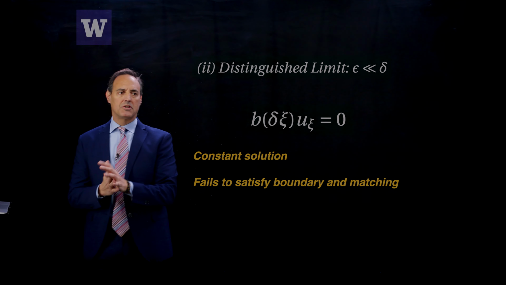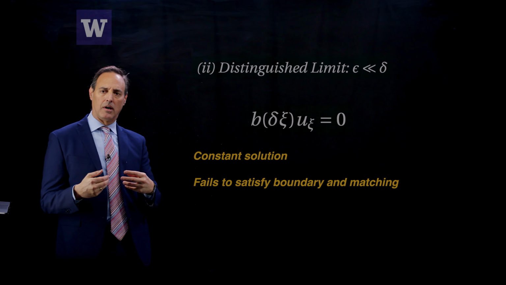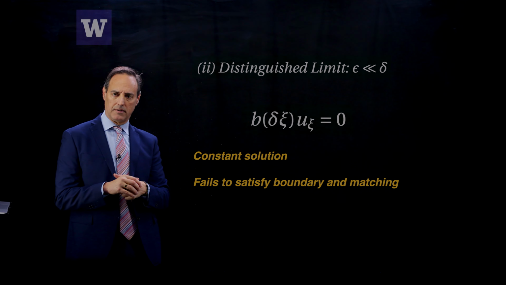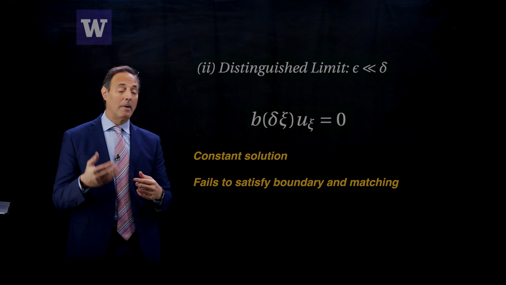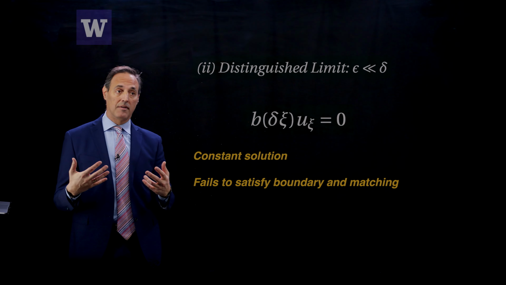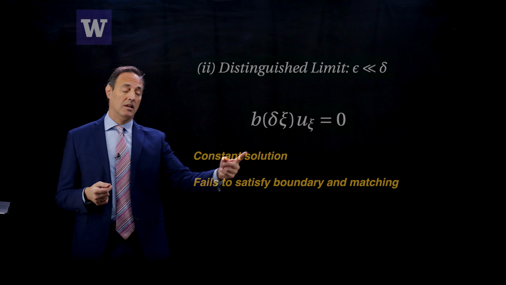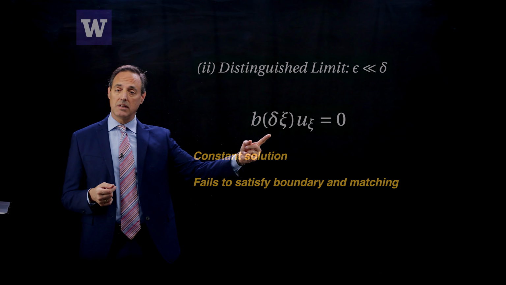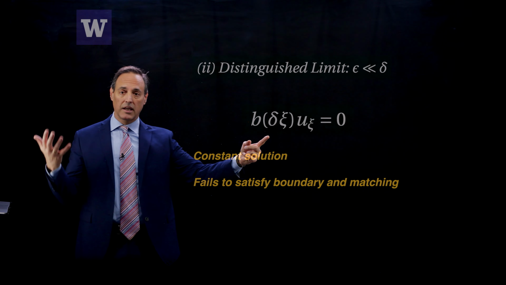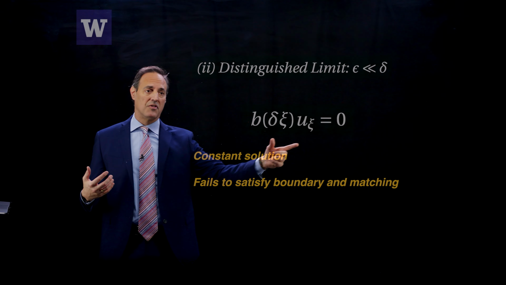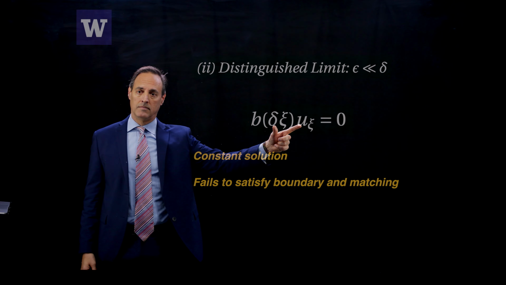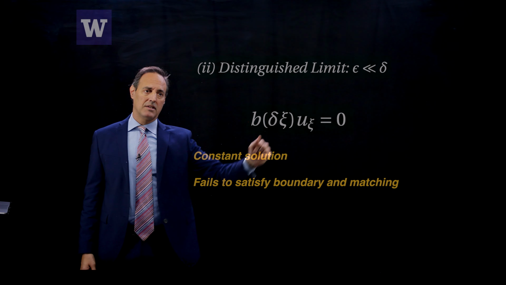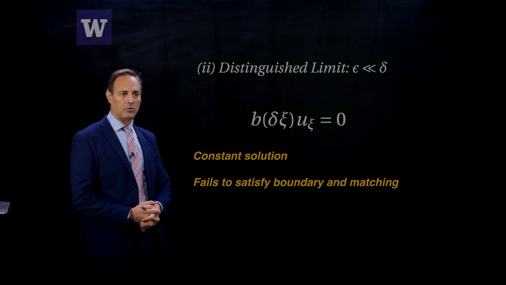What about this distinguishing limit? What if epsilon is much smaller than delta? Well, in that case, you can go back to your original problem and say, well, if epsilon's a lot smaller than delta, then what you end up with is this differential equation. So the second derivative drops out and the constant drops out. This is the dominant term. Okay? So if that's the dominant term, then what kind of solutions are there?